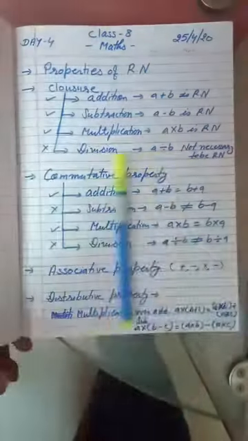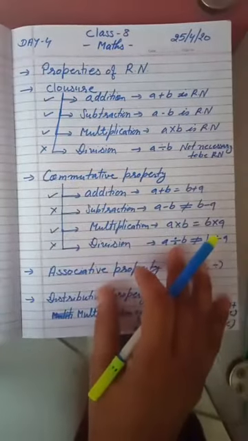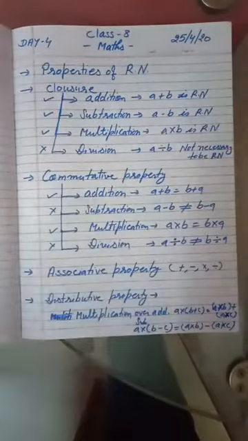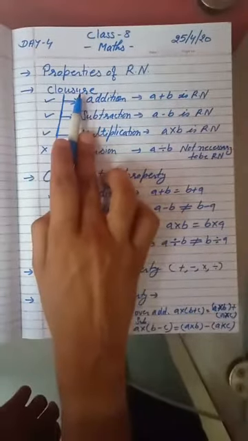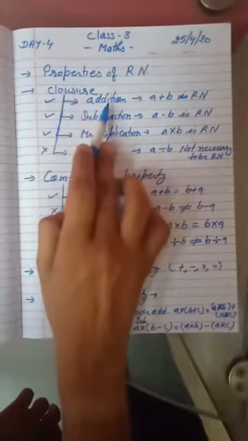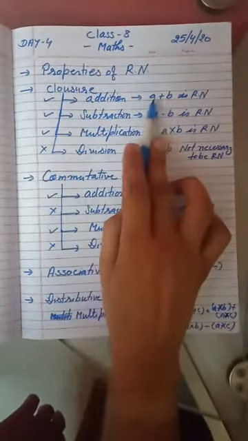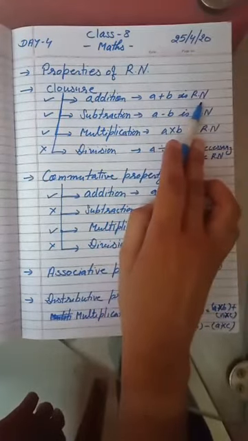Now, just a recap about our last class. We studied the properties of rational numbers. The first property is the closure property. Under the closure property, we studied addition: if we add any two rational numbers, the result is a rational number.